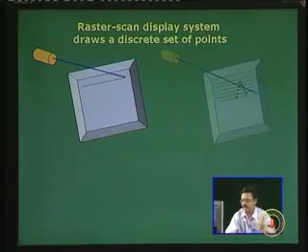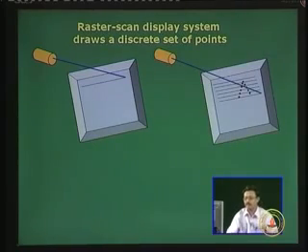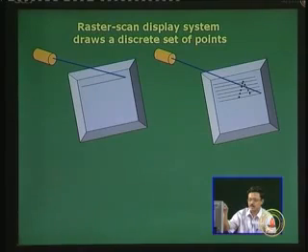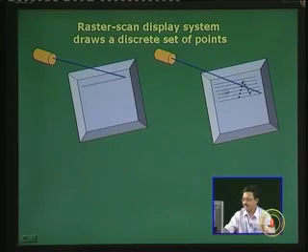So let's see what it does. After a few such scan lines, you will see an effect like this. What you will basically see is those points on the screen where the beam would have switched on. Okay? So if you take a particular horizontal line, let us say the top one here, the beam would have switched on only at one point and switched off again, making that point or pixel glow.